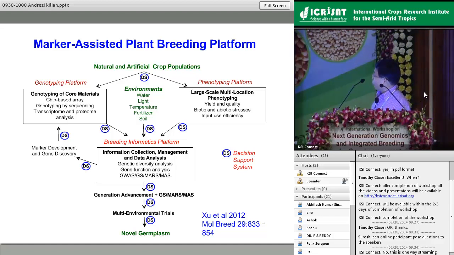With all this data generated, we need a breeding information platform, and also, from all this process from natural or artificial crop population to the end, the lead gene or plant developed, we need various decision supporting tools.